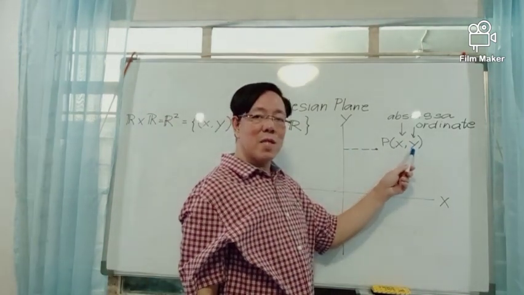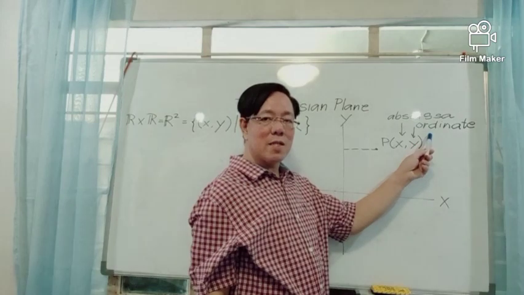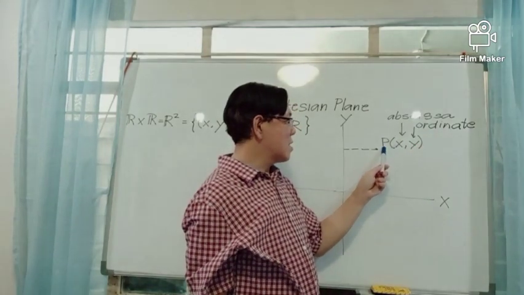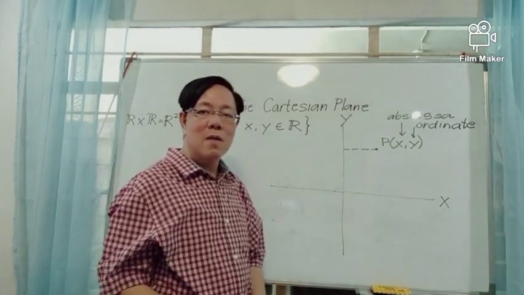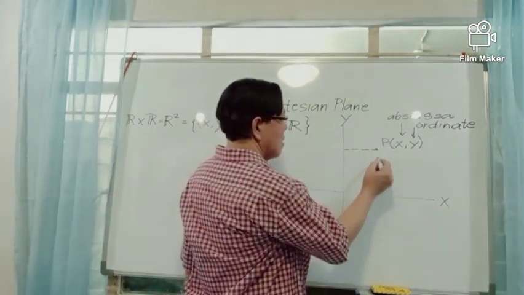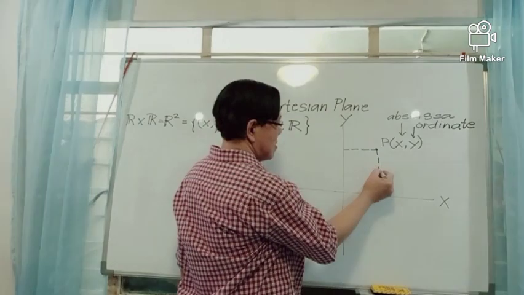The abscissa of point P gives the distance of point P from the y-axis. The second coordinate of P, called the ordinate of P, gives the distance of the point P from the horizontal axis or the x-axis.